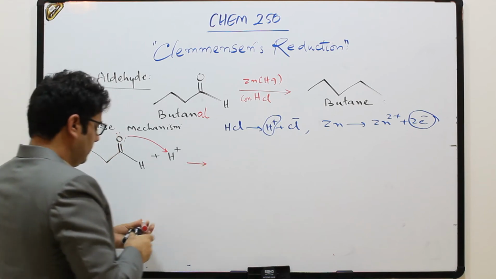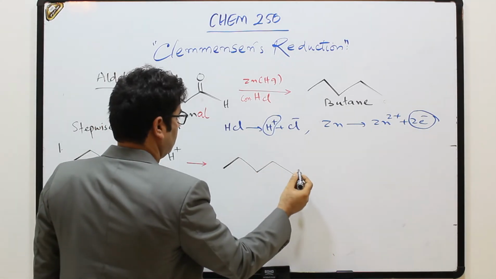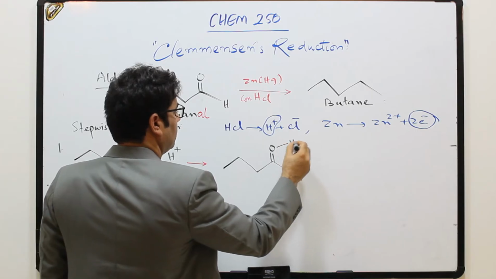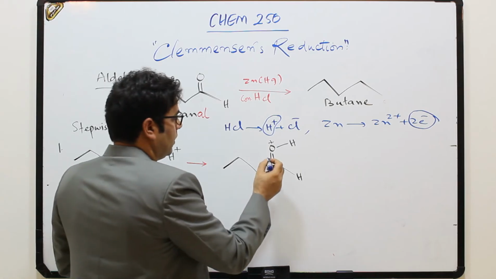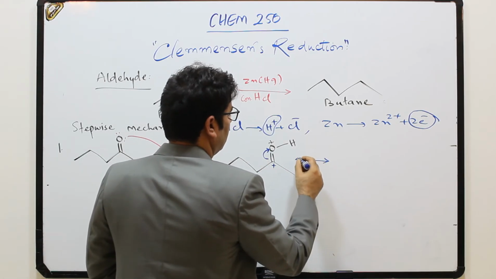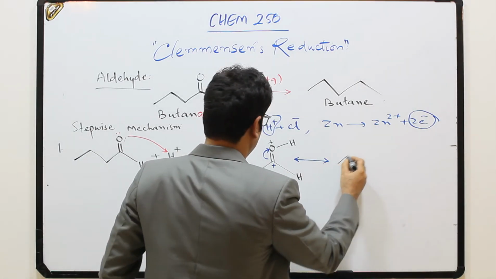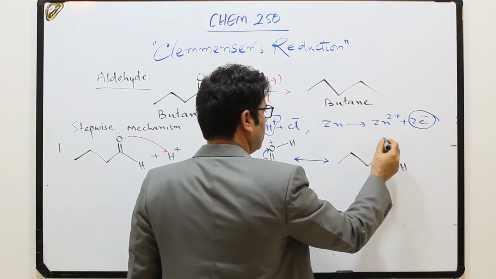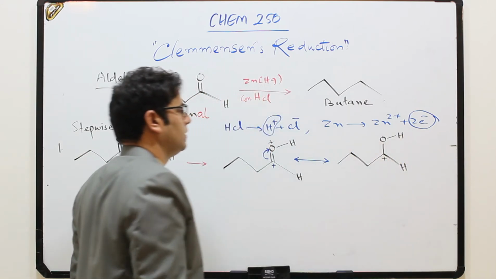There is formation of, so there will be positive charge. Now this bond will be breaking, so that positive charge will come here. This is just a canonical structure, we can say. There is hydrogen, there is oxygen, there is hydrogen. So here will be positive charge.